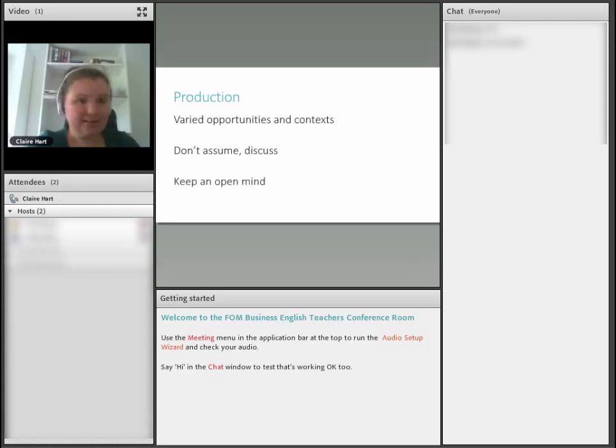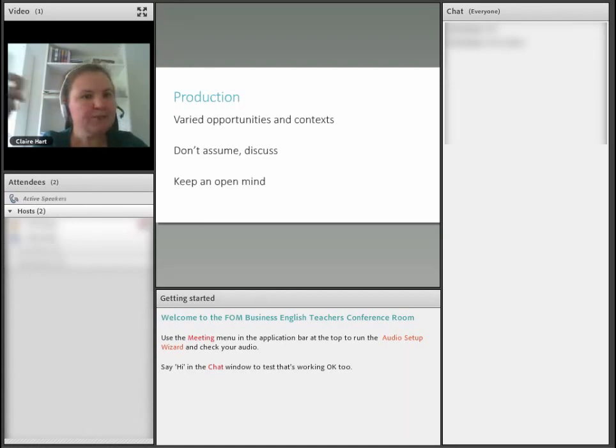And thirdly, linking on to what I just said, keep an open mind. Maybe all of your learners up to now have struggled with past simple versus present perfect. But then perhaps you get learners whose grammar is great. They just don't have the confidence to stand up in front of a group of their peers and give a presentation.